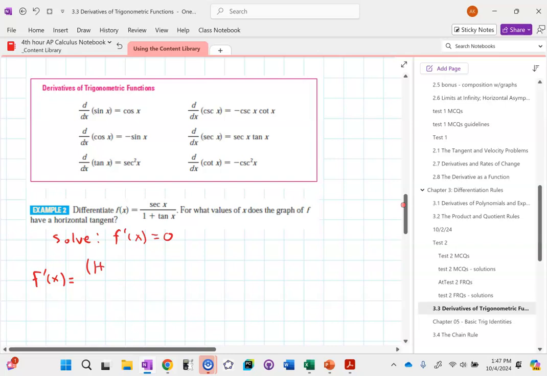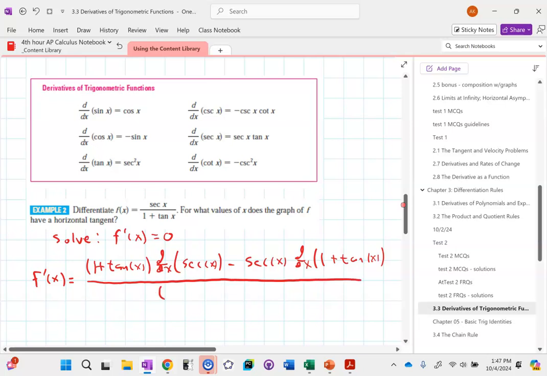So we'll do the bottom times the derivative of the top minus the top times the derivative of the bottom over bottom squared.